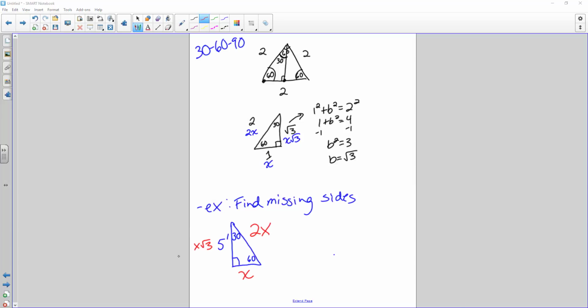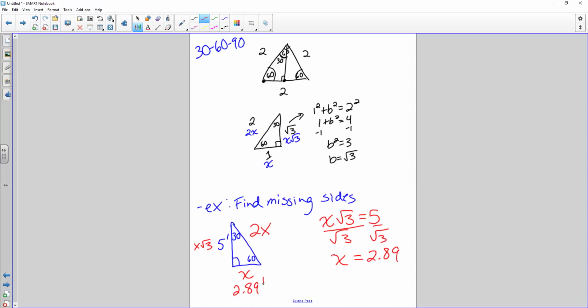So in this one, I don't necessarily know what x is yet. I know that the x root 3 side is equal to 5. So I need to divide both sides by square root of 3 to get x now. If I do 5 divided by square root of 3, I get 2.89. So that means the side down below is 2.89 feet.